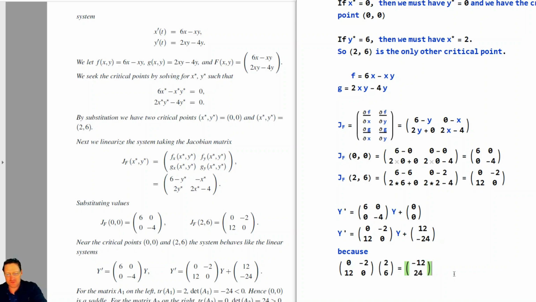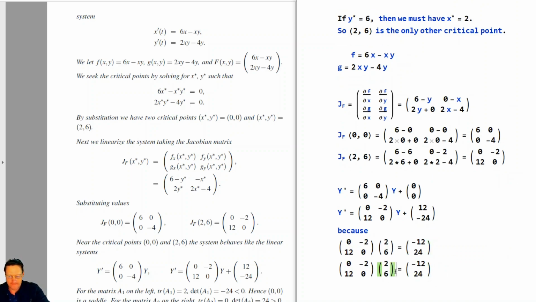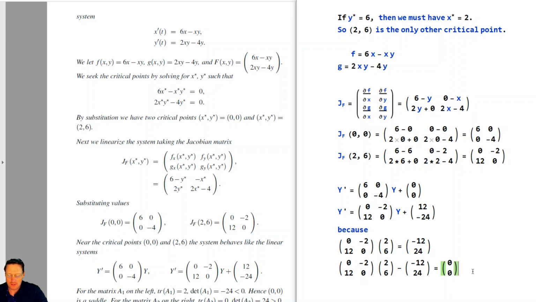All right, so let's write that carefully. Take this over to the other side of that equation. Hang on, I wanted 0, 0 there. Okay, so this gives us 0, 0, as in y dash equals 0, 0.